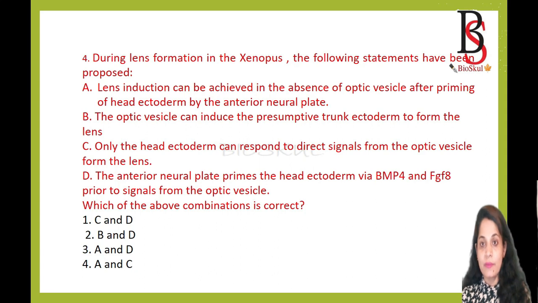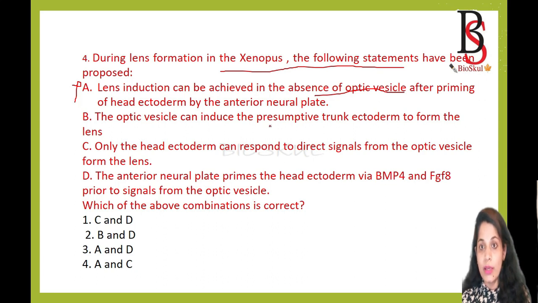During lens formation in Xenopus, the following statements have been proposed. Let's see the options. Lens induction can be achieved in the absence of optic vesicle? Never, so this one is wrong. Optic vesicle can induce presumptive trunk ectoderm to form the lens? No. Optic vesicle induces the head ectoderm to form the lens, not the trunk ectoderm, so this is also wrong.